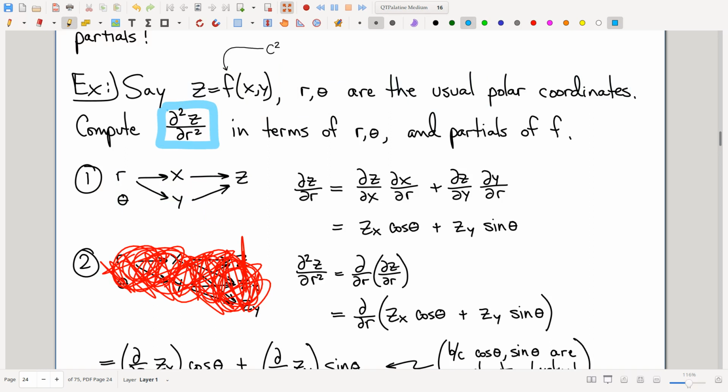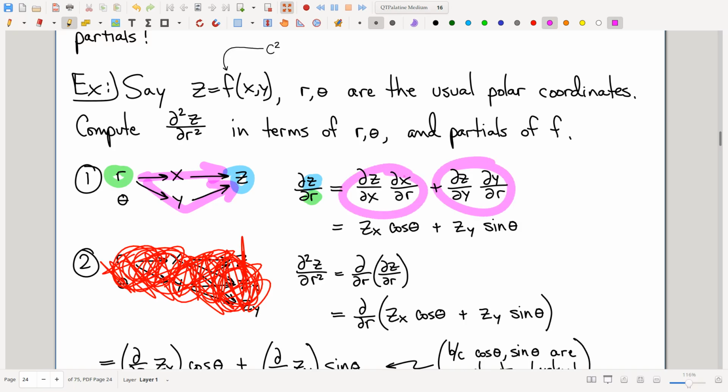How are we going to do that? Hopefully no surprise, we're going to take an r partial, and then we're going to take an r partial of that. So that part of the problem is straightforward. The first partial of z with respect to r, two paths, two terms, no big deal. Chain rule, right?